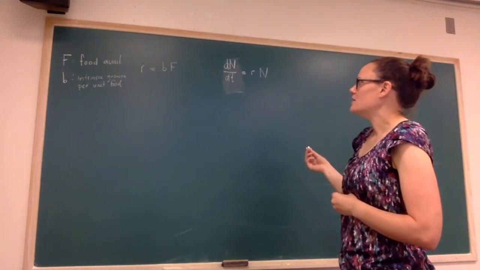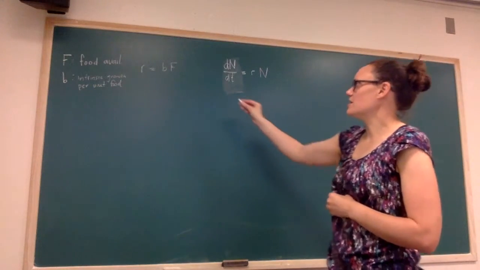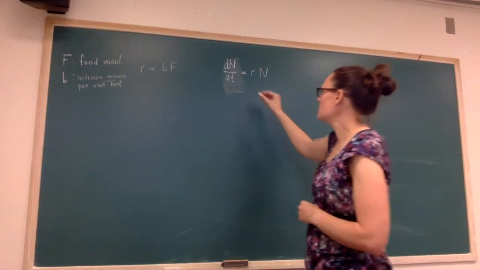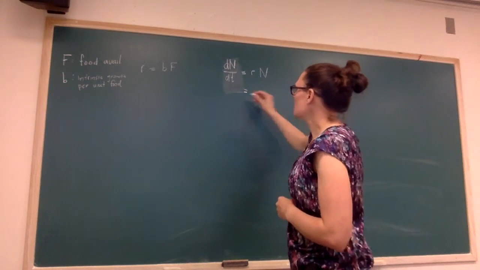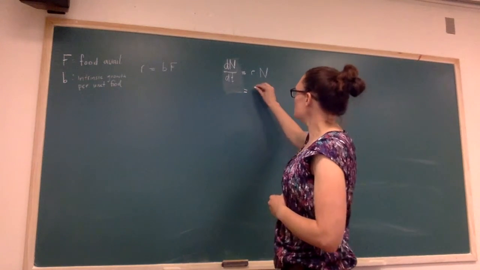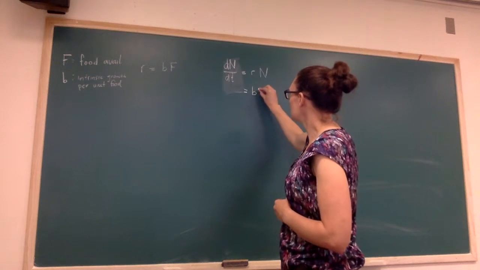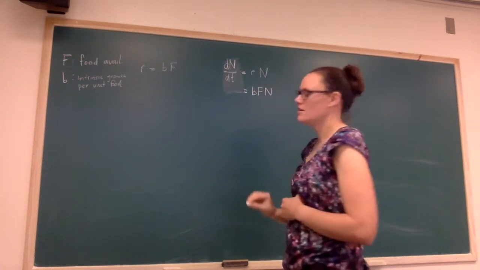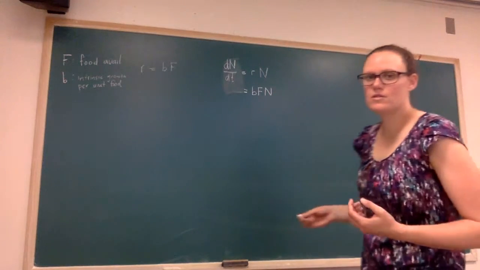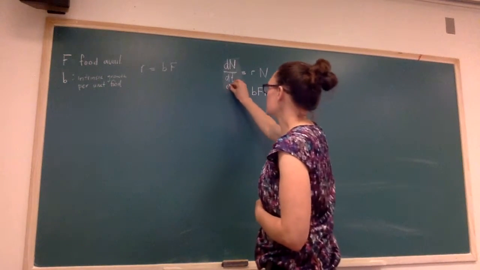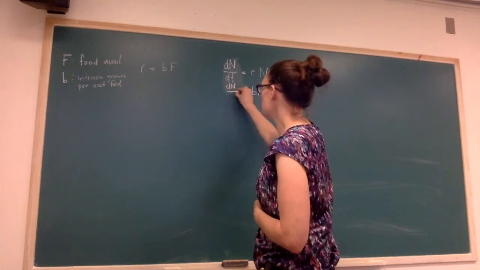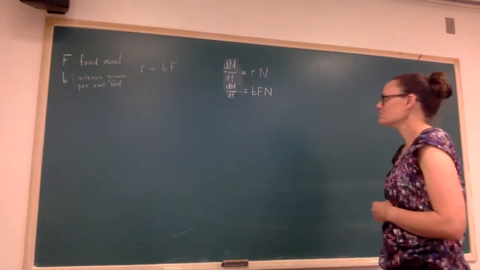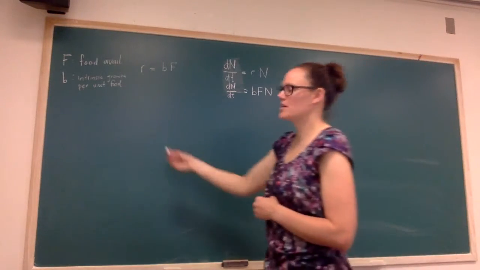So now we want to introduce the idea that intrinsic rate of growth depends on food into our exponential equation. So let's just make the substitution for R. And the left-hand side here is just the same as it was, the rate of change in the population size with respect to T. So I'll write it over here just so we don't forget.